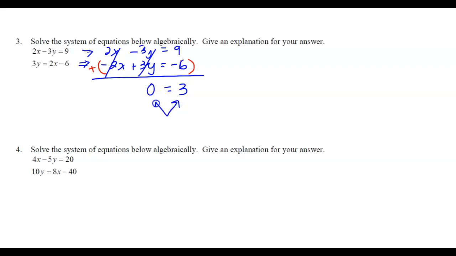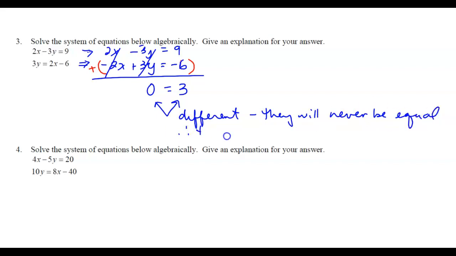So these are different, they will never be equal. Therefore, there are no points of intersection. There's no value for x or for y that could ever make those zero, because the terms go away.